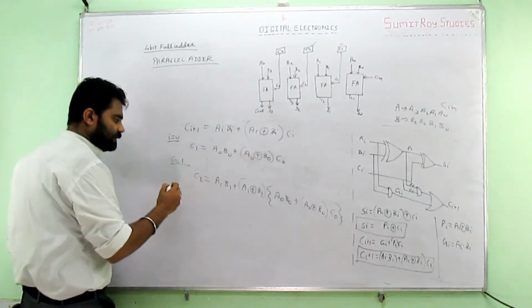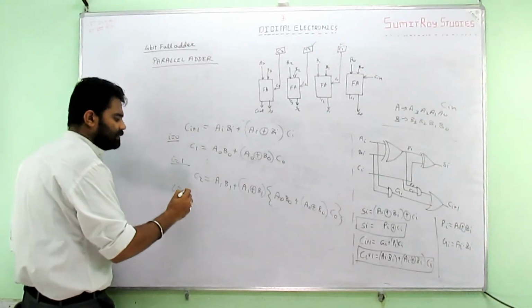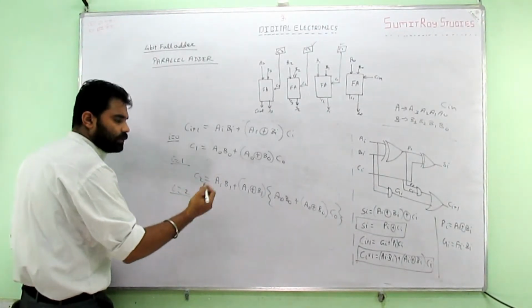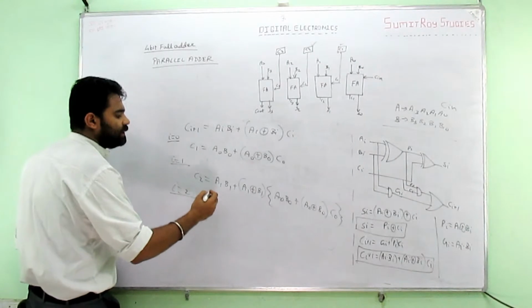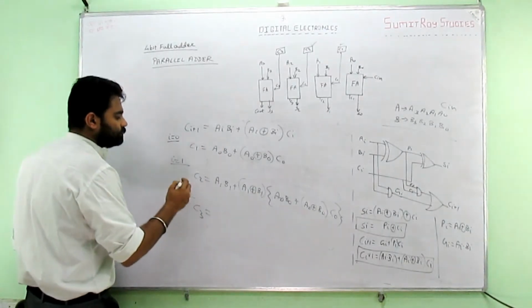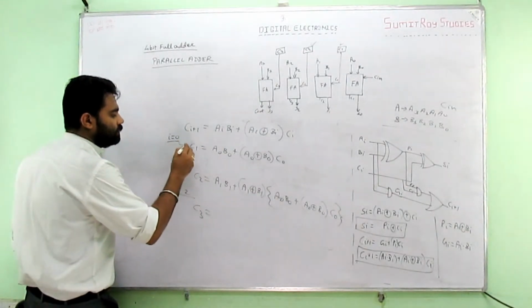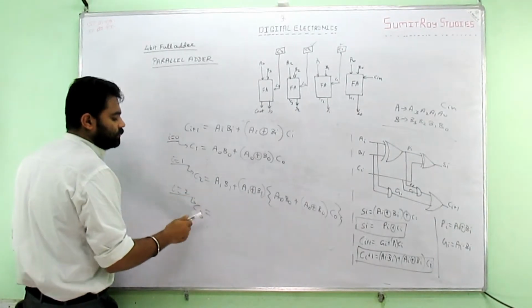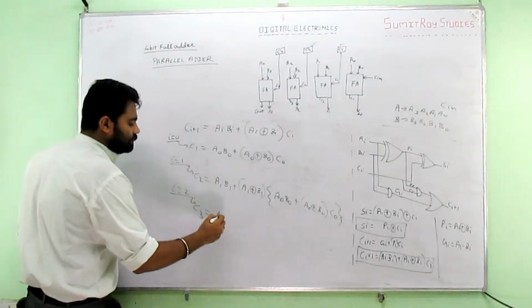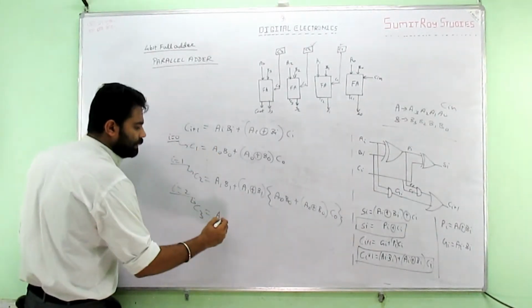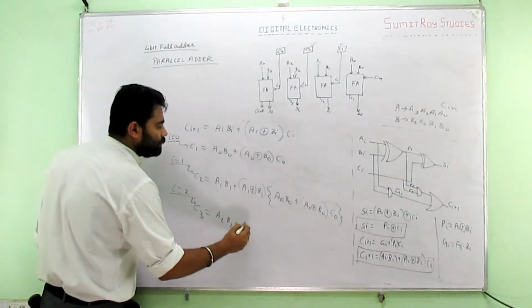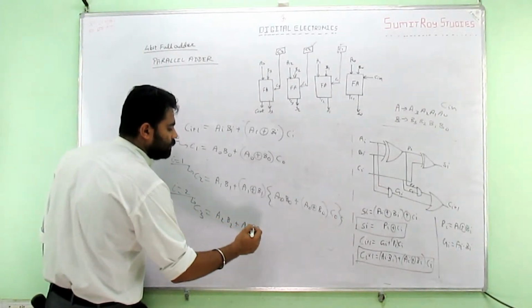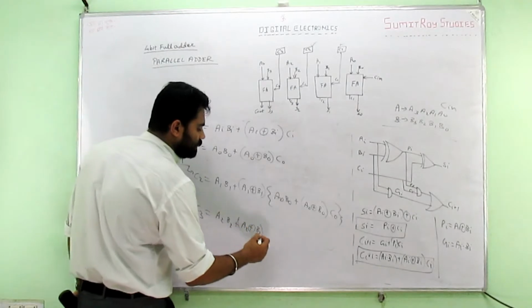Similarly for C3, if further is required, it's not required actually, but let's also write C3. That is i equal to 2, so C3 is A2 B2 plus A2 exclusive OR with B2 and with that C2.